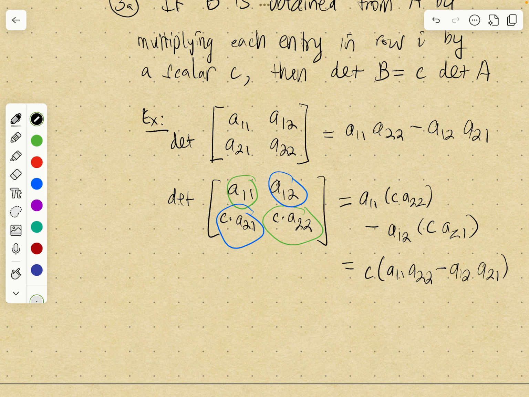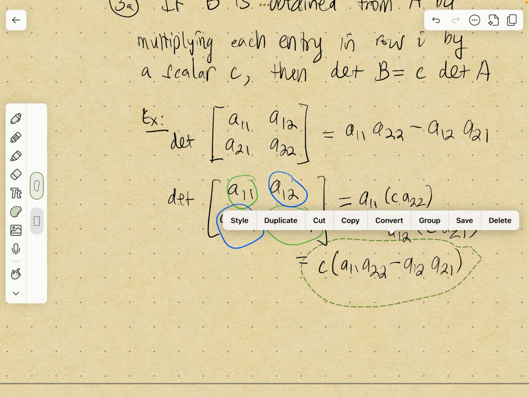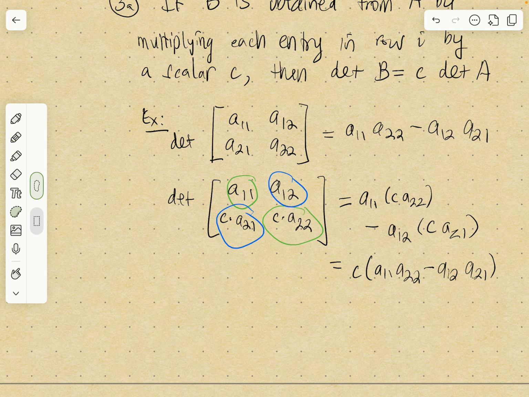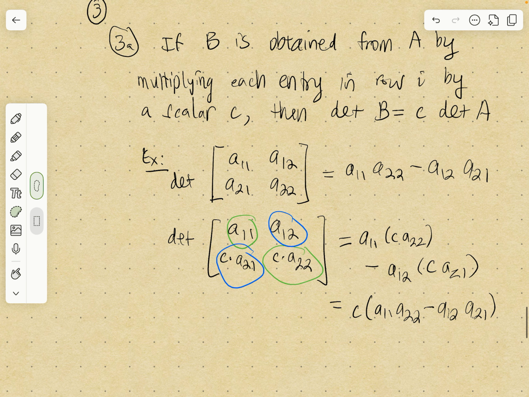And so you see that in this 2 by 2 example, when you multiply the second row by C, you do in fact change the determinant of the matrix. So here was the determinant of the original matrix. The determinant of the new matrix is C times that. Okay, and this property 3a is saying that that's true for a general n by n matrix, no matter which row you take. And you can kind of think about it in terms of the formula for the determinant.